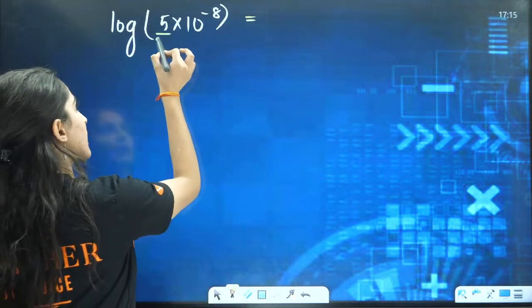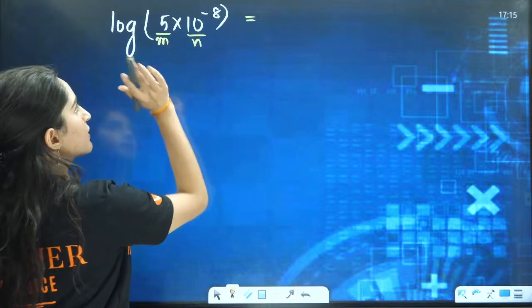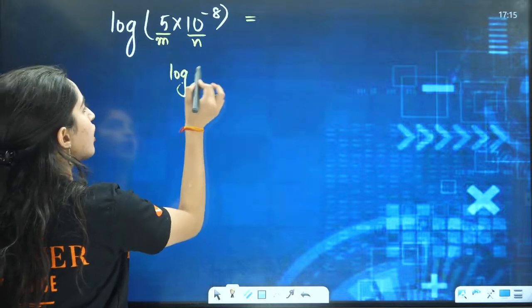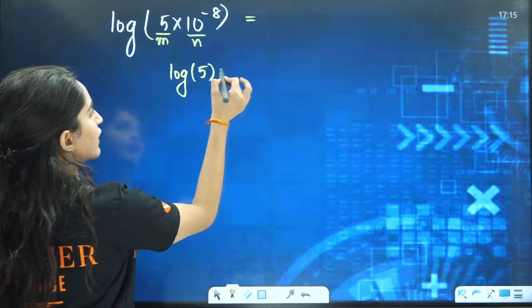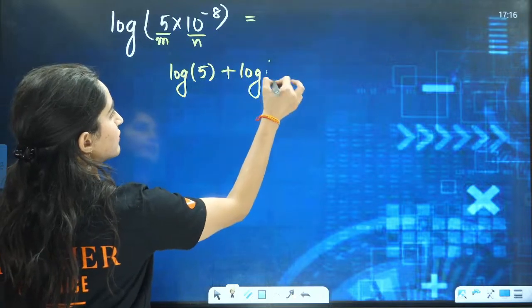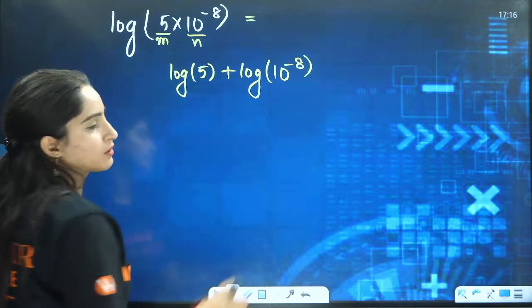Firstly, this is your m and this is your n. Because they are in multiplication, it will be log of m, that is 5, plus log of n, that is 10 raised to power minus 8.